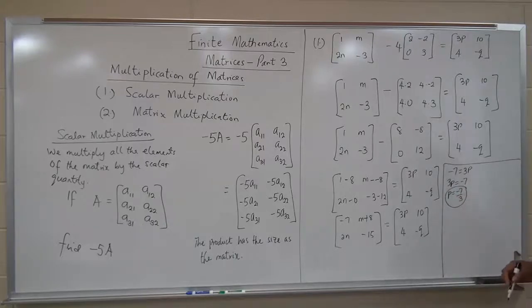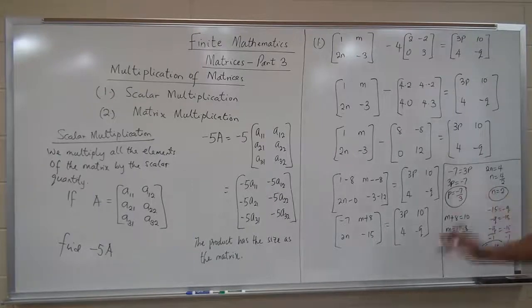Then m plus 8 is equal to 10, so m will be 10 minus 8, which is 2. Then 2n is equal to 4, so n will be 4 over 2, which is 2. Then negative 15 is equal to negative q; we divide both sides by negative 1, so q will be 15. That becomes your answer.